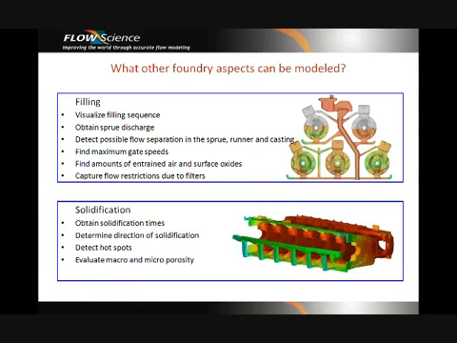In addition, you can obtain the solidification time, analyze closely the directional solidification, and choose the superheat temperature for a given casting to avoid the freezing of metal during the fill. We can also detect the hot spots, predict macroscopic shrinkage, porosity, and also microporosity due to the entrapped gas or air.